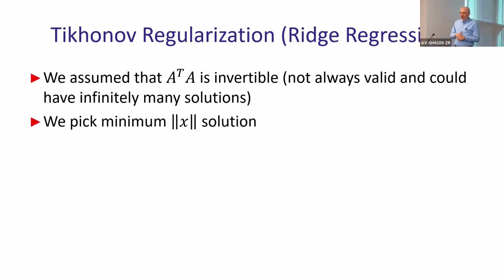And when this matrix is not invertible, or very close to being not invertible, you might have an infinite number of possible solutions to that kind of equation. So when we have an infinite number of solutions, all we need to do is add an additional constraint to our optimization process, okay? And this constraint will be, as usual, just minimizing the norm of the solution. So it's kind of blending what you do with too many equations and too few equations. So you blend it in the same criterion.